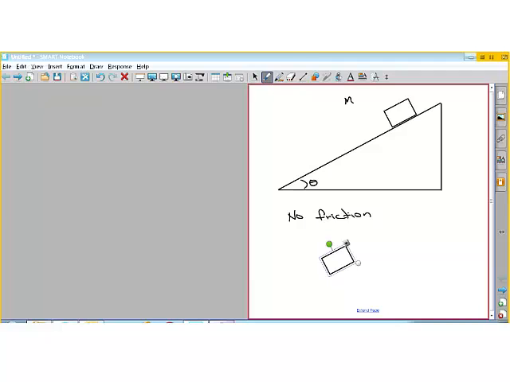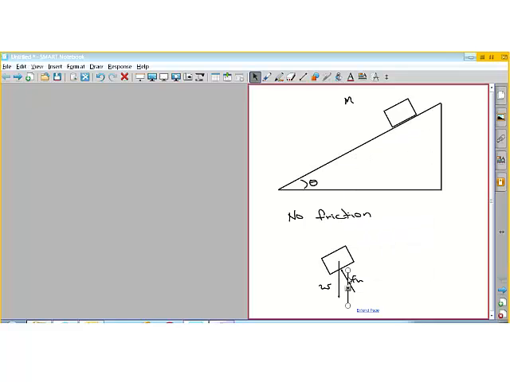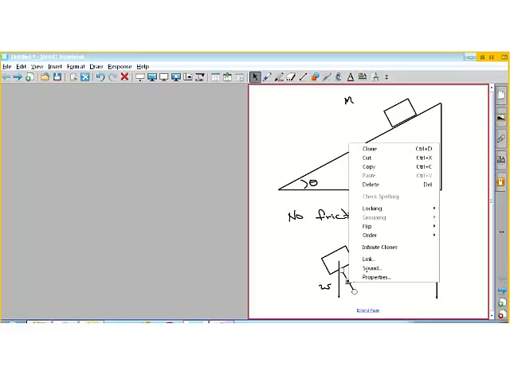So we have the weight, and we have the normal force. So that's all we have in this case. That's the normal force, that's the weight. So if we clone those and bring them over here and center them as such.